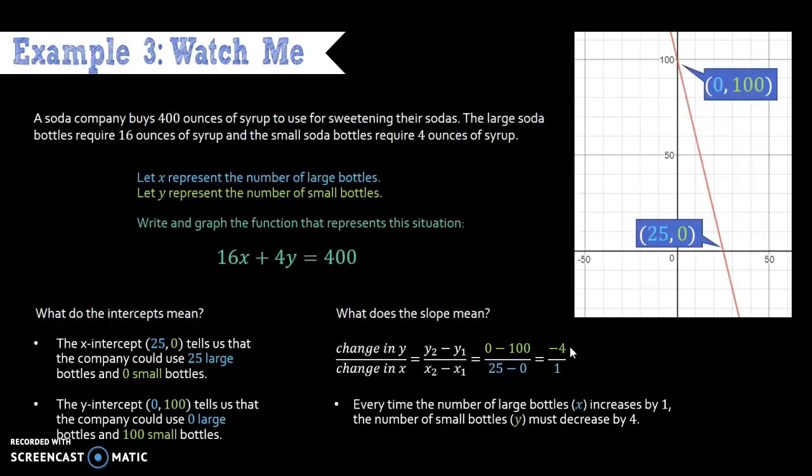So every time I want to use a large bottle, I have to swap that out for 4 small bottles instead. Every time I want to use a large bottle, I have to sacrifice 4 of my small bottles. So the company just loses the ability to fill 4 small bottles every time that they do 1 large bottle.